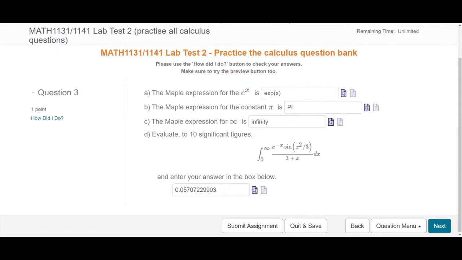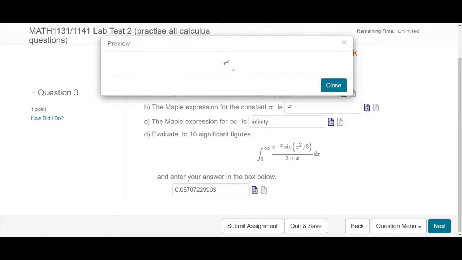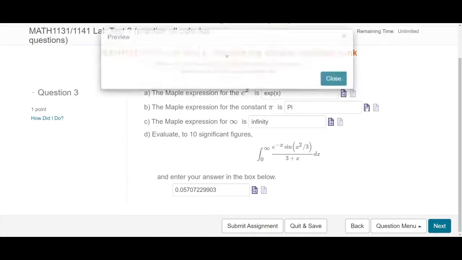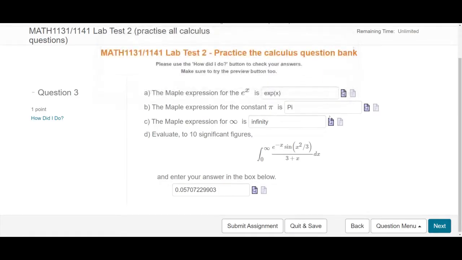Okay, so I think the reason they're asking you these questions is so you get the syntax right for the integral. Even though there's no pi in there, the exponential's there, infinity is there, and a few other things. So those first three things are pretty easy, and you can always check, of course, that you're actually inputting the correct thing.